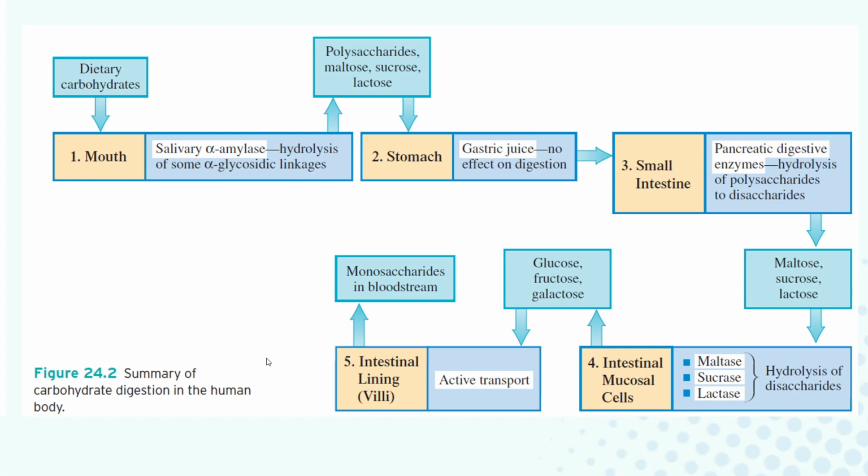By the time we already have your monosaccharides, we will now be able to absorb them into our body. These three monosaccharides will go inside your intestinal lining via active transport, and will then be released into our circulation to be used as energy. So that is our whole digestion process.